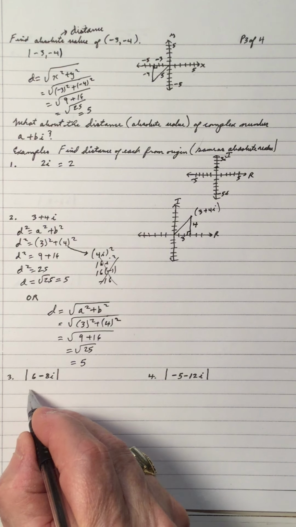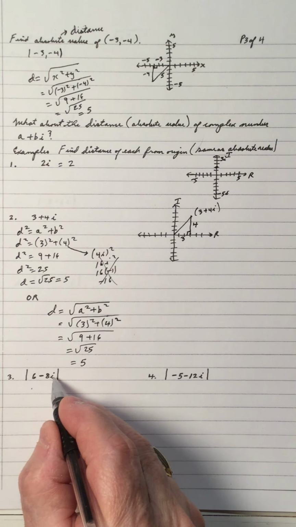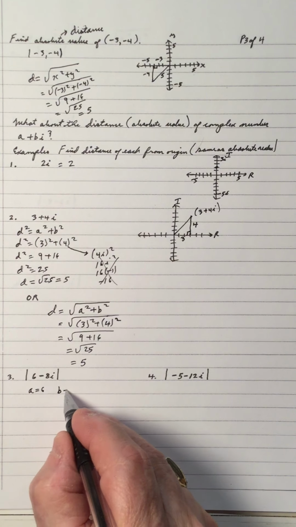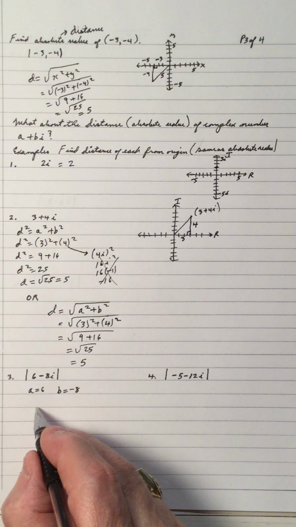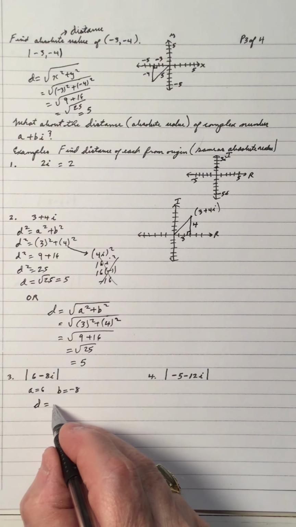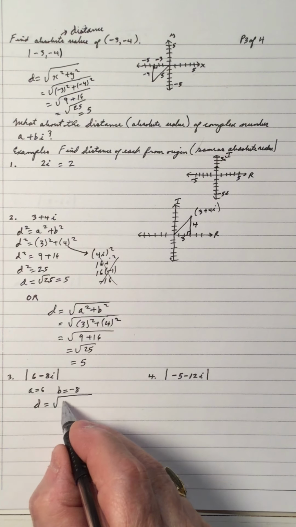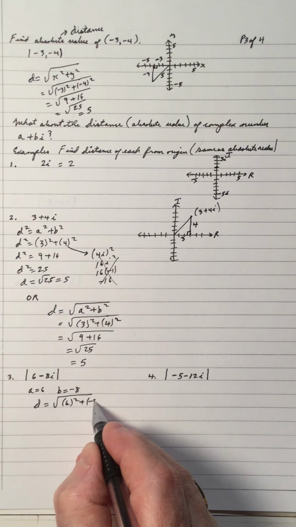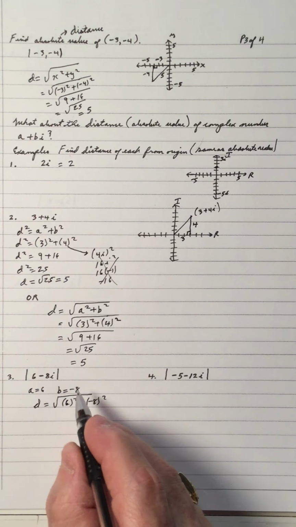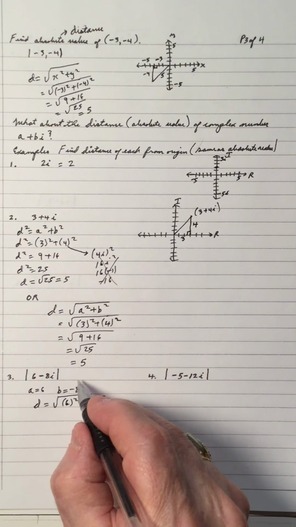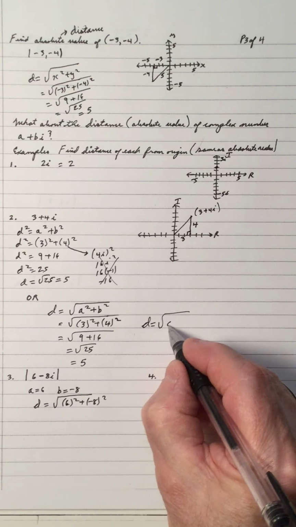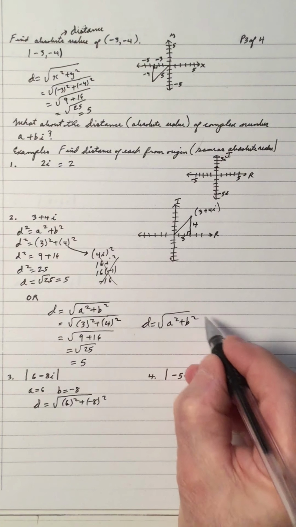So in this one, absolute value is the distance. So a is 6 and b is negative 8. The distance is the absolute value. It's the square root of 6 squared plus negative 8 squared. Notice the formula is, and I'll write it down again, d equals the square root of a squared plus b squared.